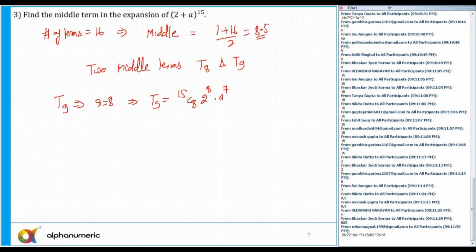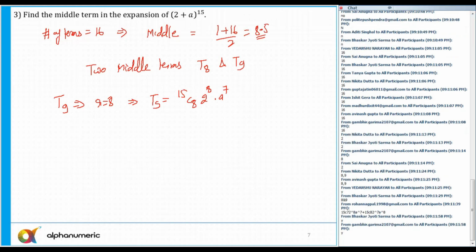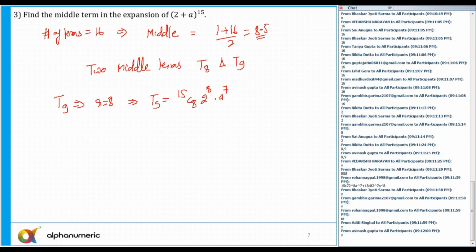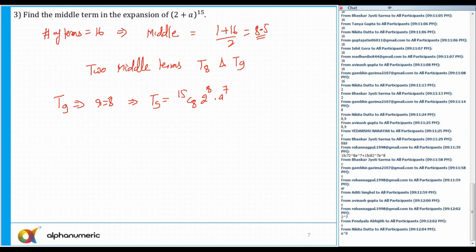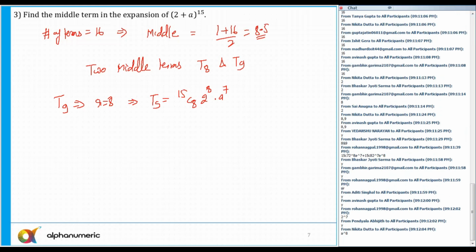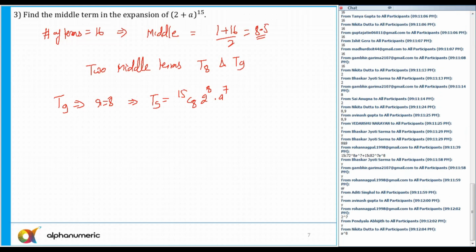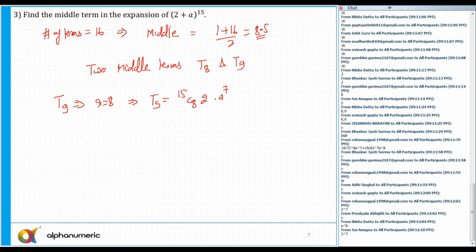Please respond. nCr into x raised to power n minus r. Okay, I think that is 15 minus 8. Am I right? Yes. So nCr and then 15 minus 8, that will be 7. Yes, I've written it wrong. 2 raised to power 7 into a raised to power 8. Alright, 2 raised to power 7 into a raised to power 8.